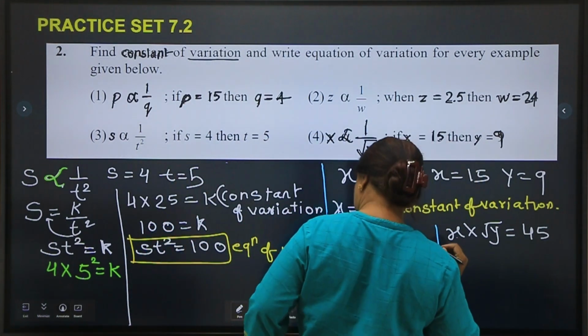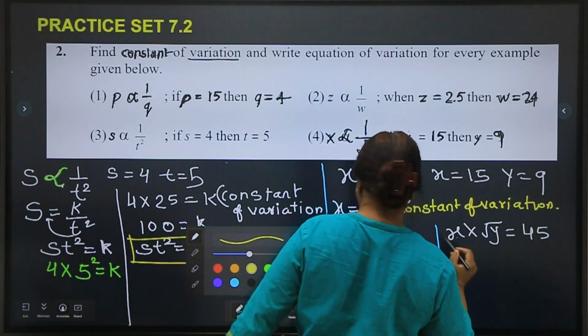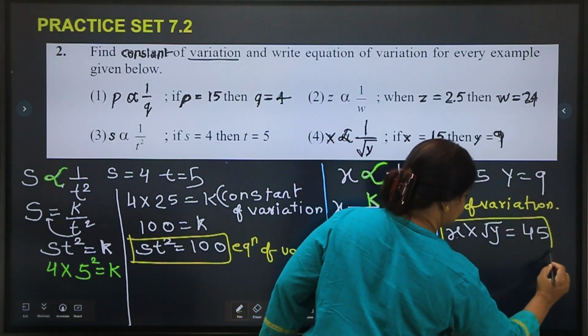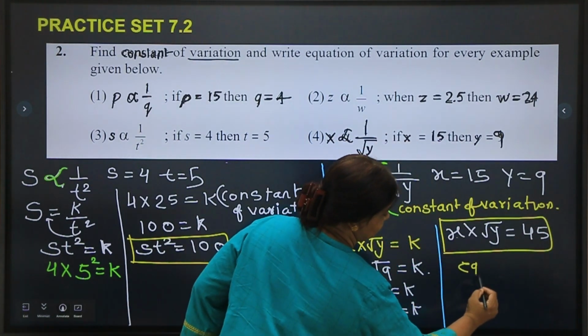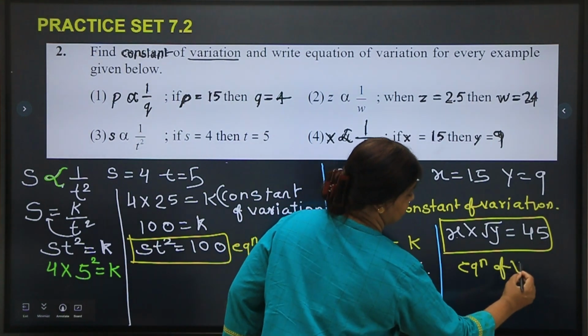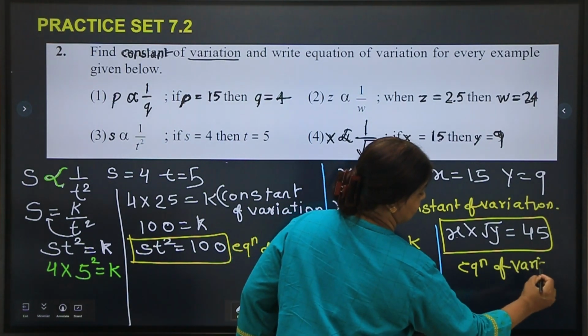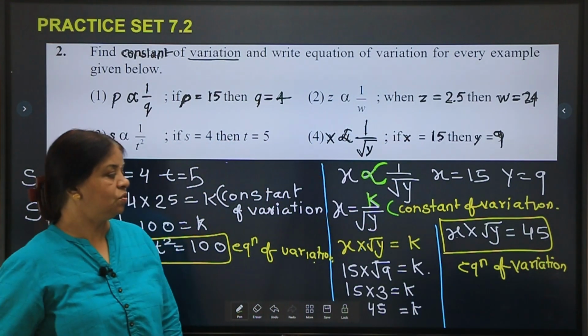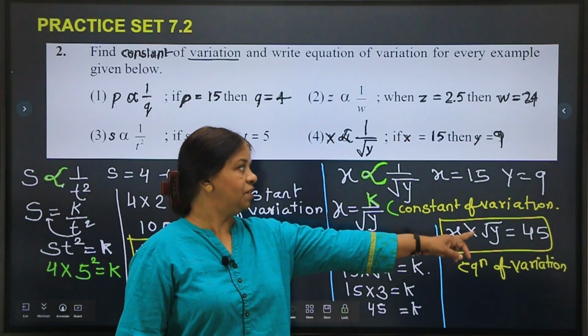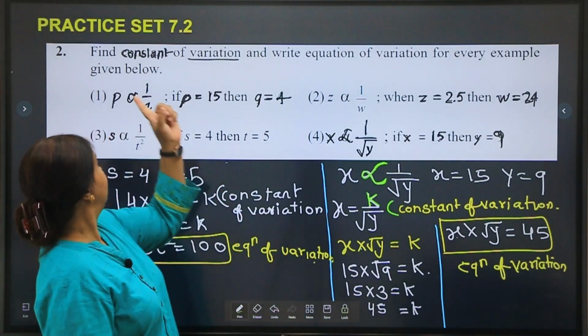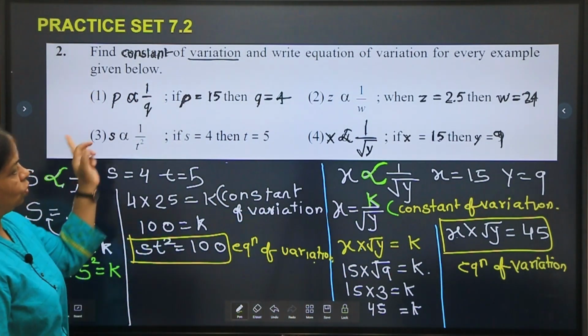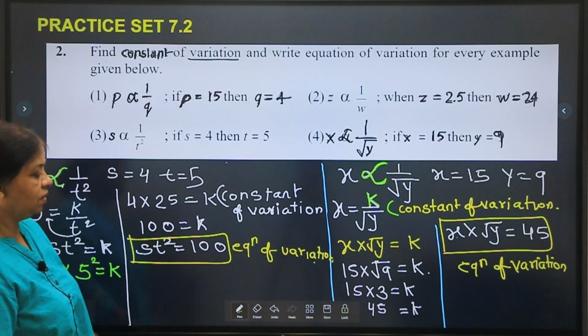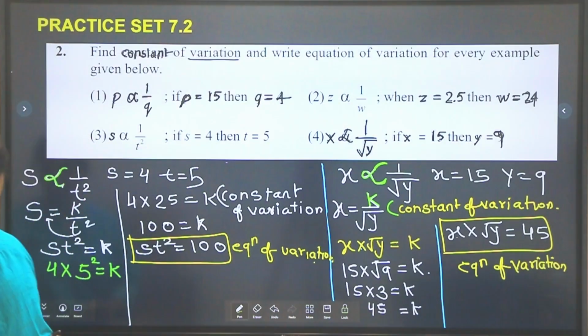So this is your equation of variation. x into root y is equal to 45 is the equation of variation. We are done with the second question, children. All the 4 sub questions we have solved. Move to the next question.